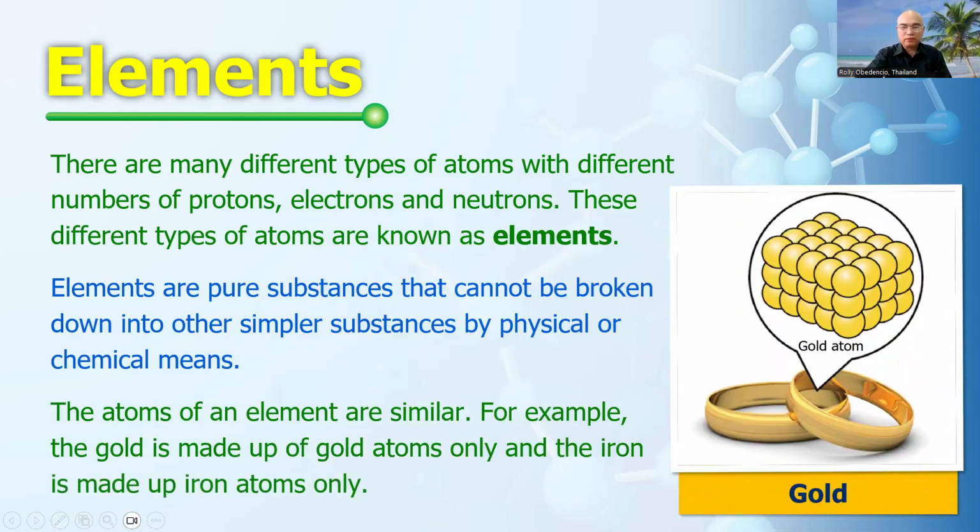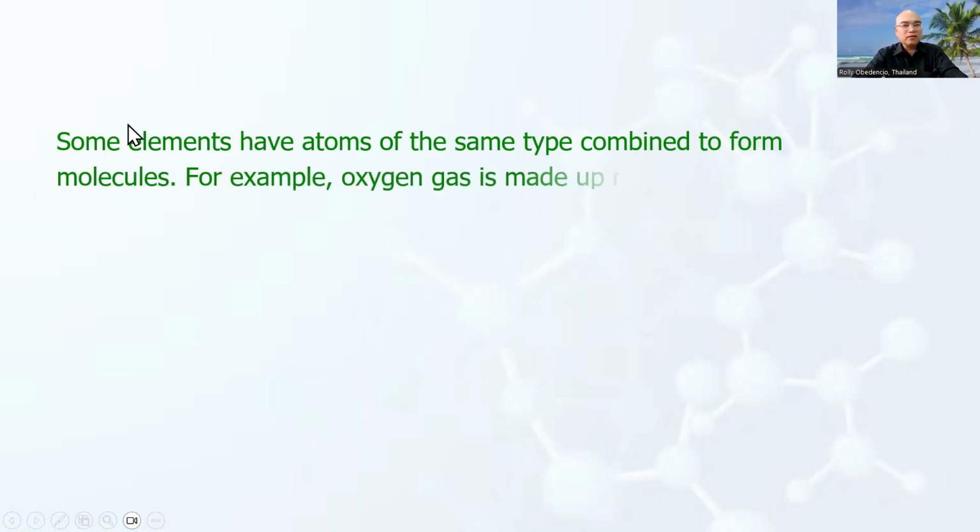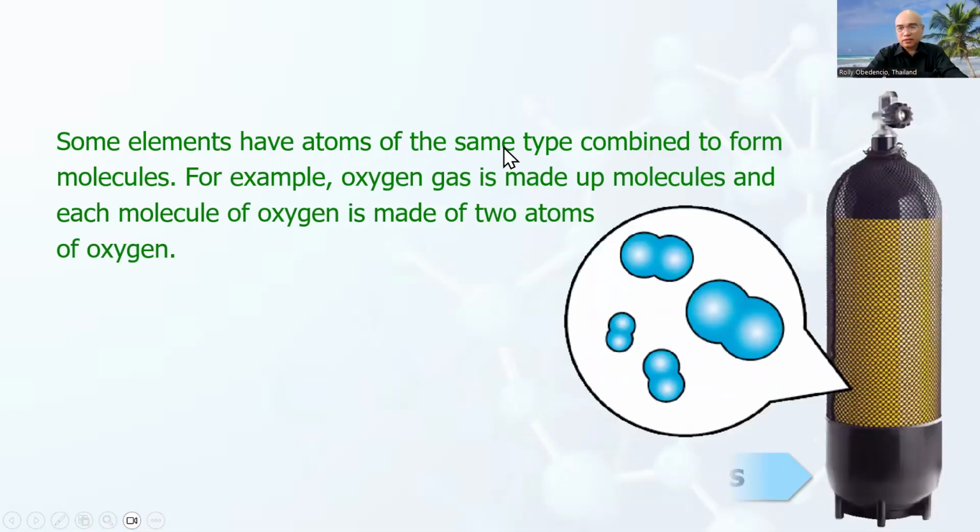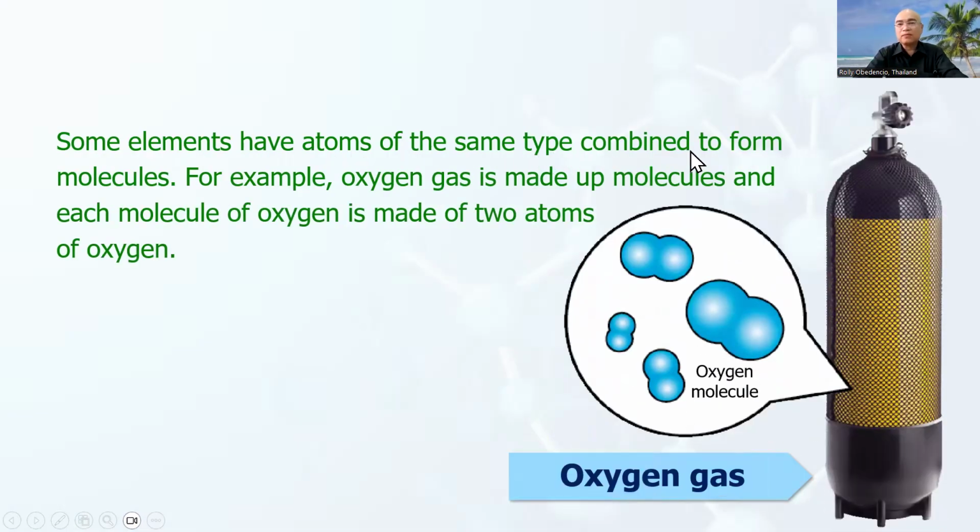Now, the atoms of an element are similar. For example, gold is made up of gold atoms only, and iron is made up of iron atoms only. Some elements have atoms of the same type combined to form molecules.